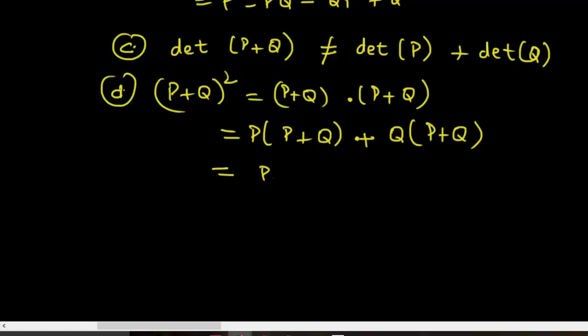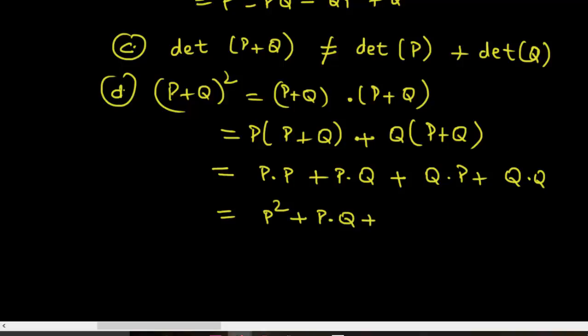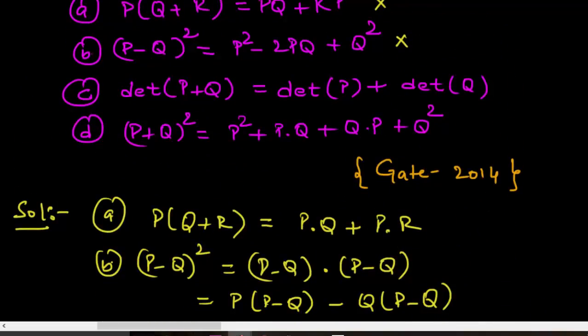Okay, so p into p plus p into q plus q into p plus q into q. So this can be written as p square plus p into q plus q into p plus q square. Let's see the option. Yeah, so we have the correct option. So this is the right option. Rest all other options are wrong.